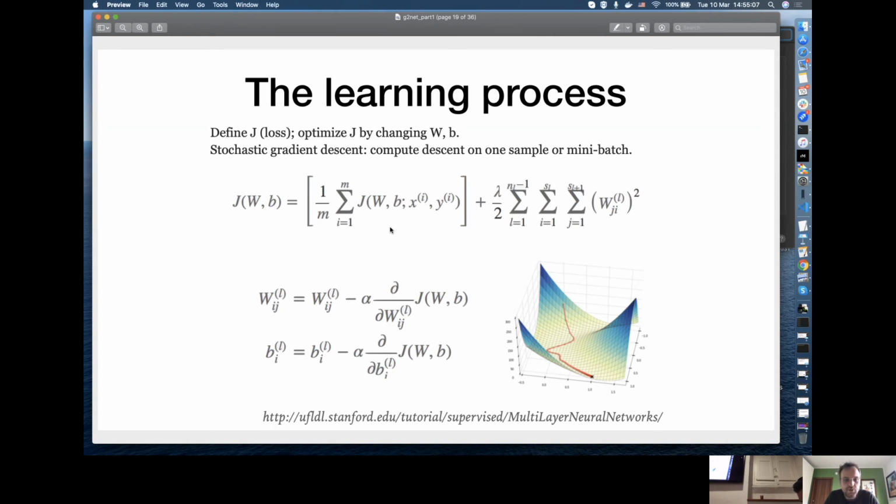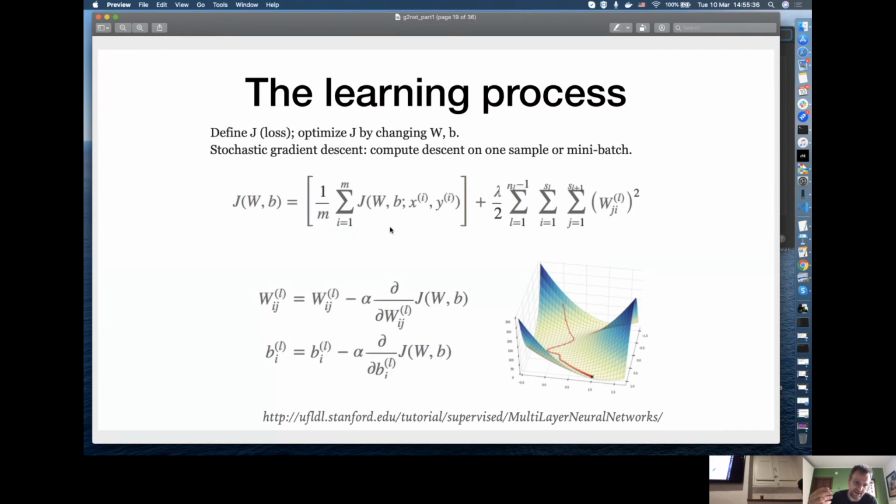And then all you do in the end during the learning process is compute the partial derivatives of the loss with respect to each parameter, which is a gradient vector of millions of elements potentially, and simply apply an update to each weight so that the new value of the weight goes in the direction of the descending gradient.